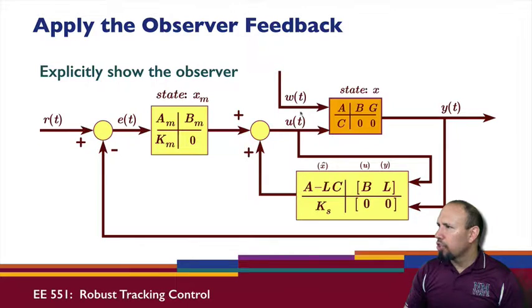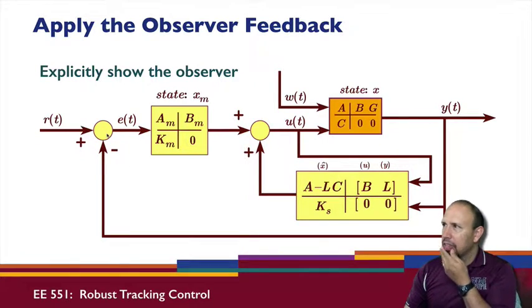Here is our control signal. Notice that our observer uses the control signal and also the output. The model uses the output and the reference signal, and subtracts the two.